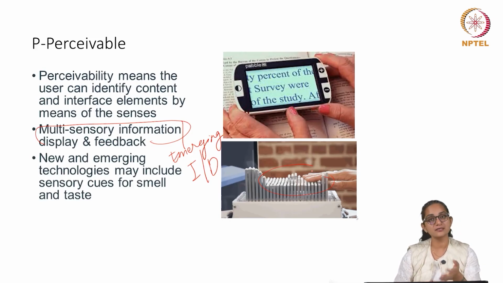There is a session lined up on emerging multimodal input output devices, and this would feed again into the perceivability aspect of your technology or your interface, and how you can use those devices to make the system highly perceivable or highly operable.